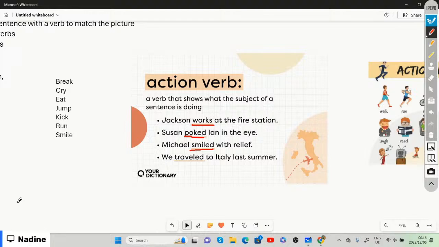If we look at the action that the subject, which is we, is doing, we say traveled. So traveled is the action that the subject does. And the subject can be a person, an animal, or a thing that is doing the action.